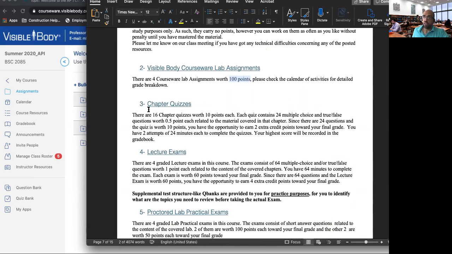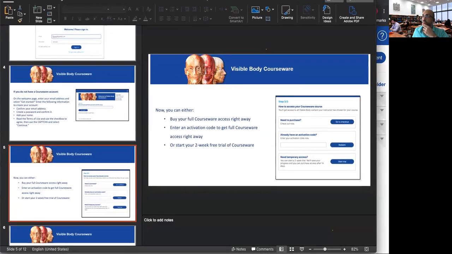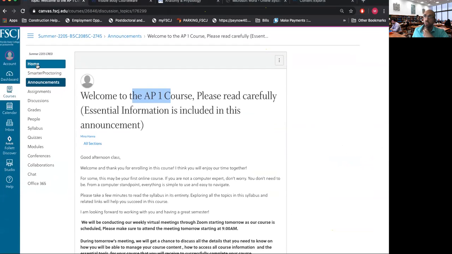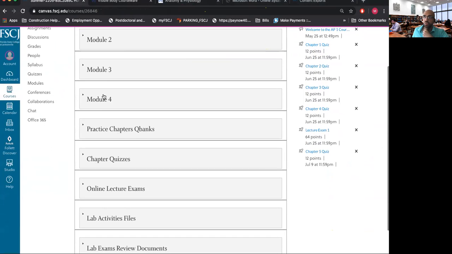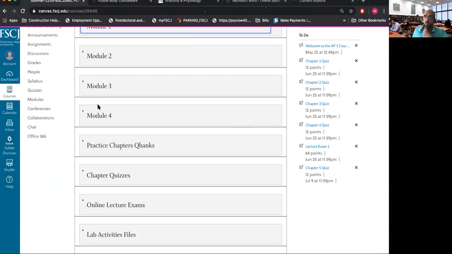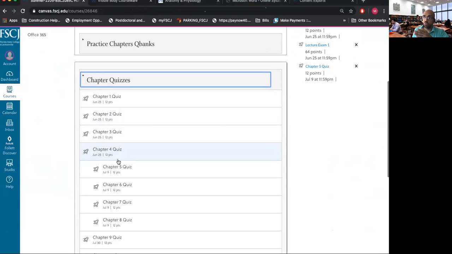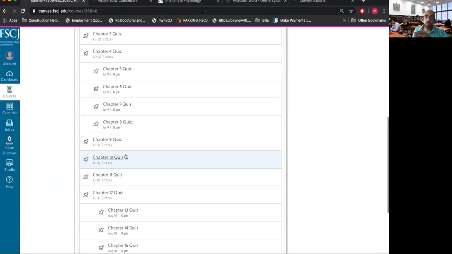A third thing that we have is going to be the chapter quizzes. For the chapter quizzes, we're going to go back to the Canvas platform. When you press on the Home tab, you will see here, other than the 4 modules, a module which we call the chapter quizzes, under which you're going to have all the chapter quizzes that we're going to be completing.